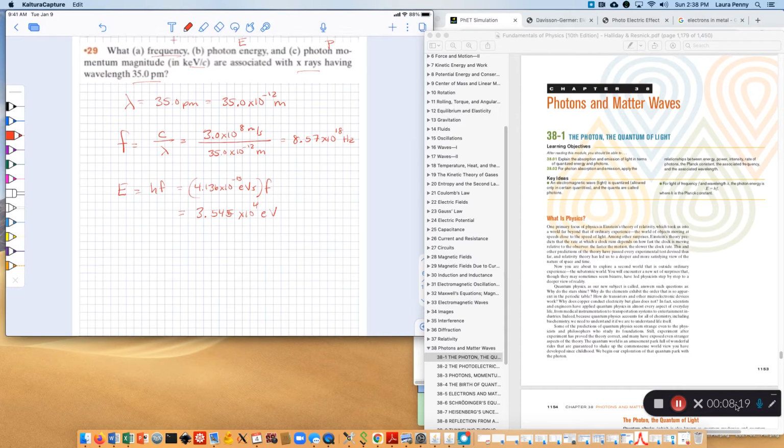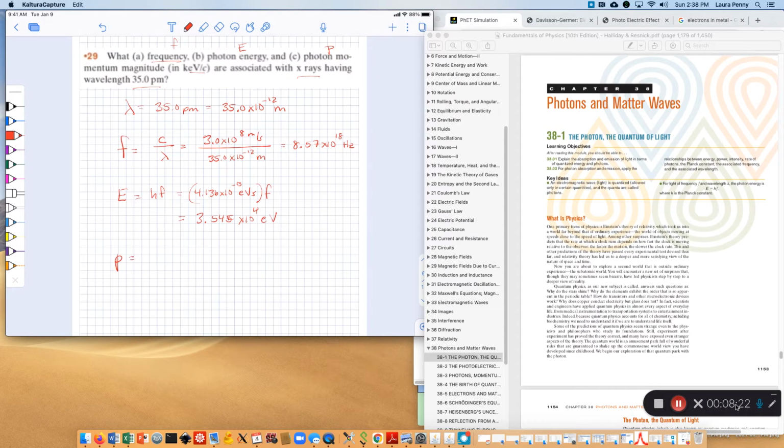And then finally, the momentum, this is just the E divided by c. And so the fact that I already have this here, so this is 35.45 keV, right, 10 to the 4. So to 10 to the 3, that becomes 35.45.